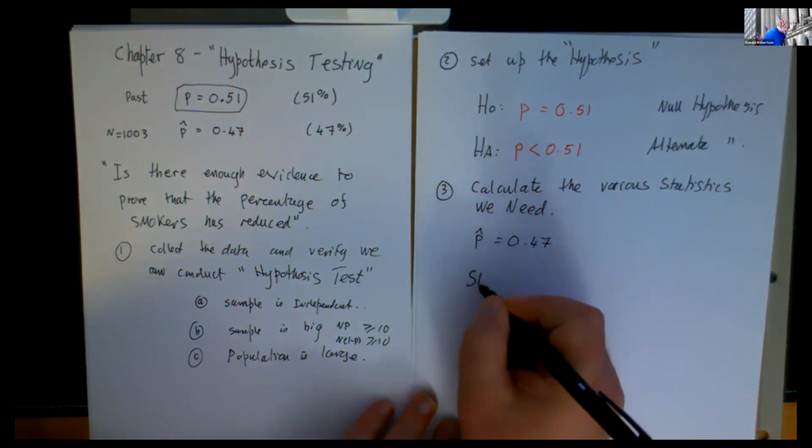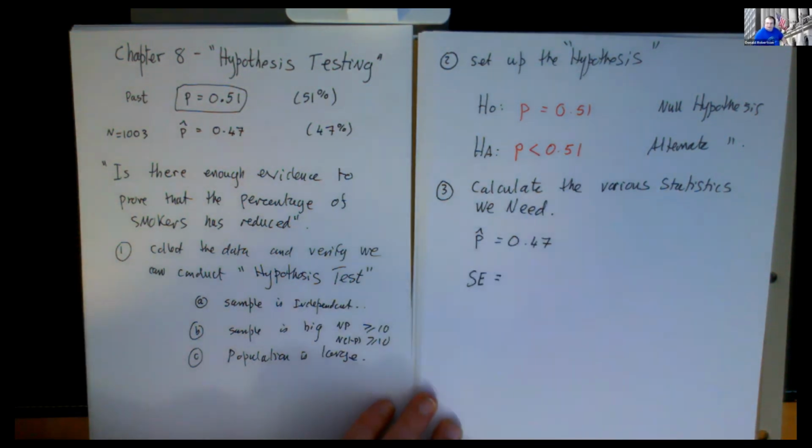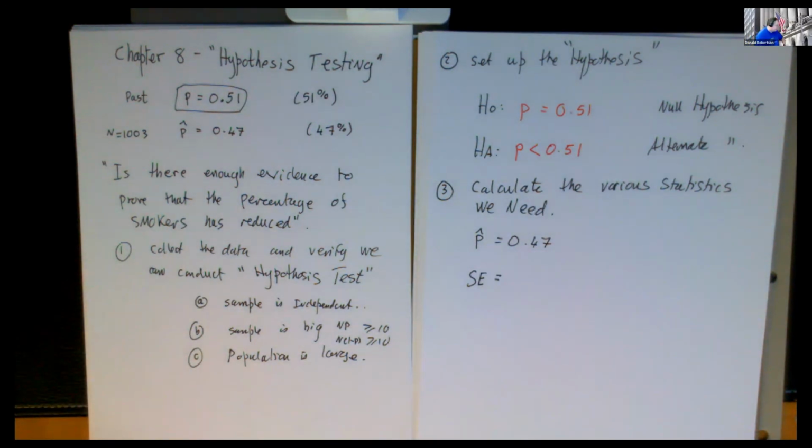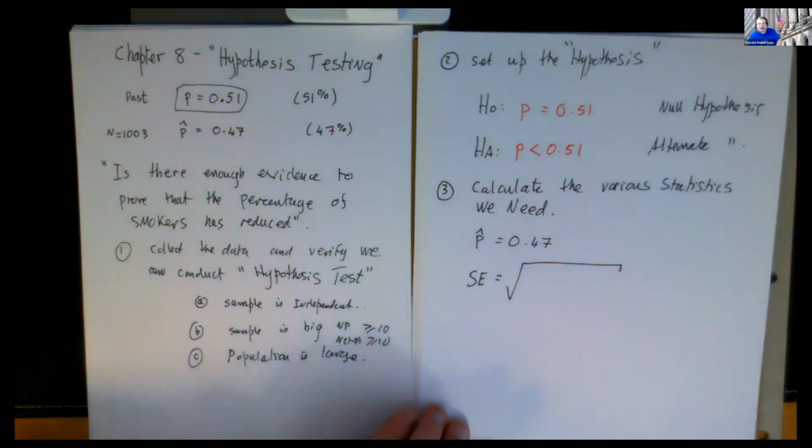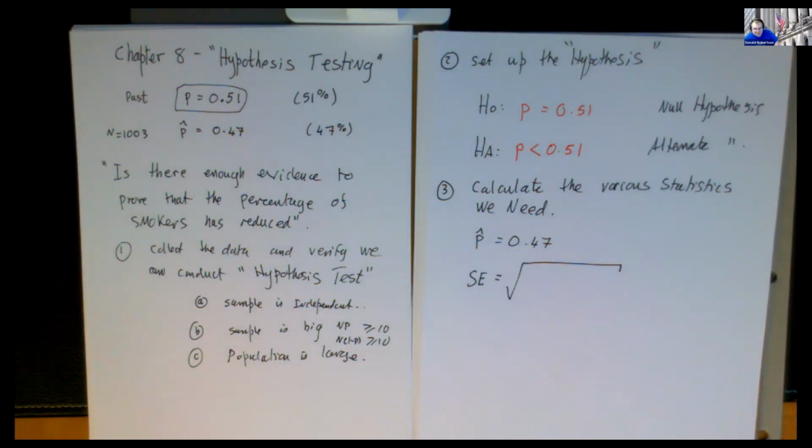There's another guy you're going to calculate called the standard error. Now, there are two possible candidates for the standard error. One of them is right and the other is wrong. One will give you the number that you should use and the other will give you a number that you shouldn't use.